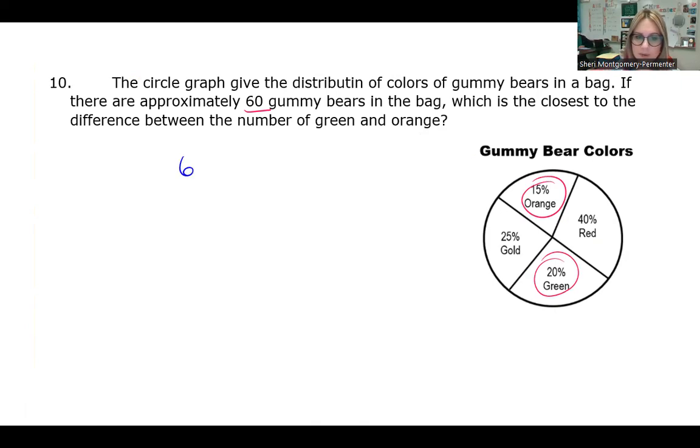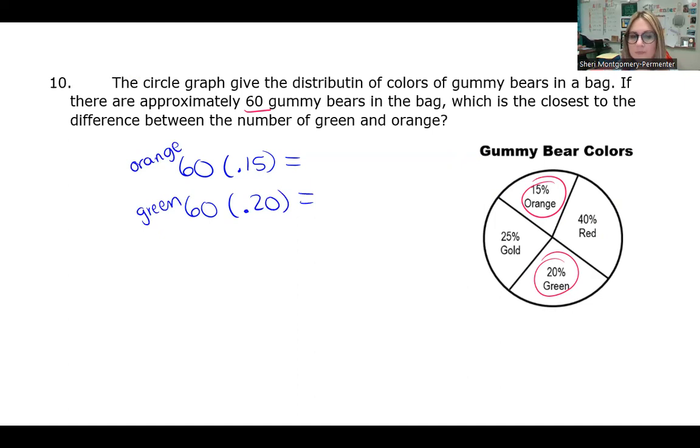Well, if I have 60 gummy bears, the number of orange, I have to multiply by the percent as a decimal. So 0.15, that will give me the number of orange. 60 times the percent of green as a decimal, 0.20, that'll give me the amount of green. So how many orange gummy bears do I have?